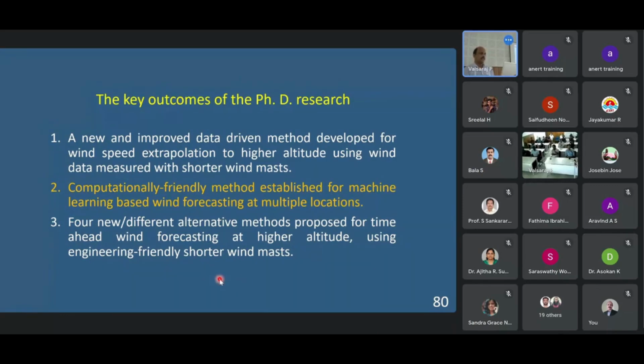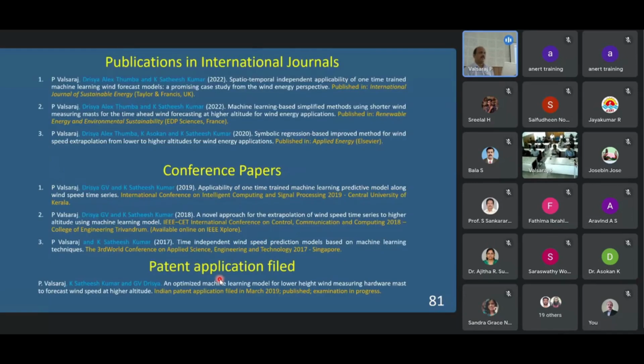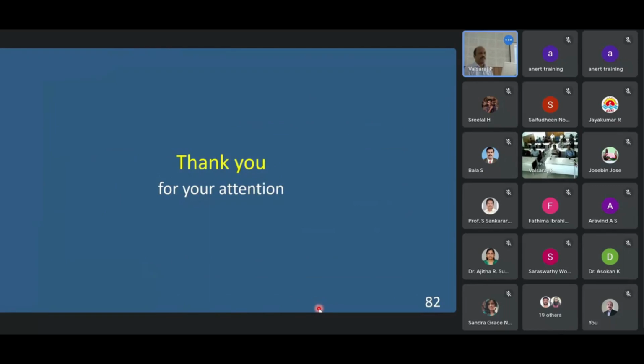And lastly, the new four alternative methods, by compromising the prediction accuracy a bit, give greater advantages in the engineering aspect of the wind masts. These are my publications: 3 papers in international journals, 3 conferences, and a patent awaiting. That's it from me. Thank you all.